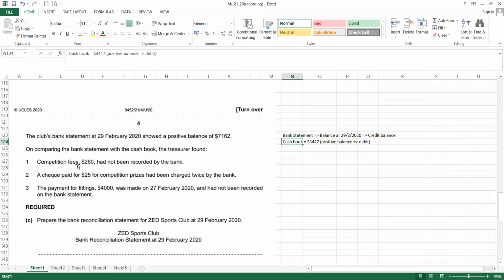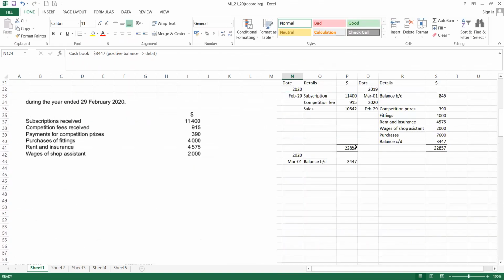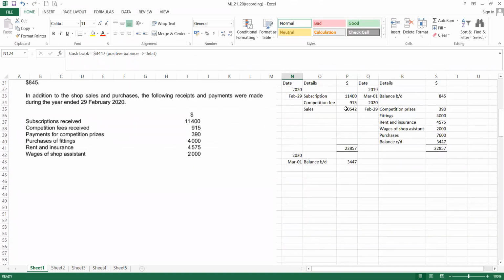Competition fee 260 has not been recorded by the bank. So note the words has not been recorded by the bank. Competition fee 260, this is the amount. Let's see. In our amount, competition fee is an income.